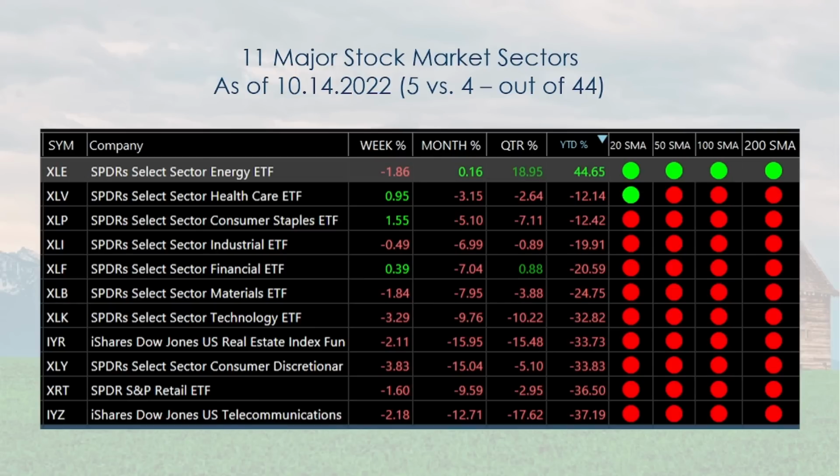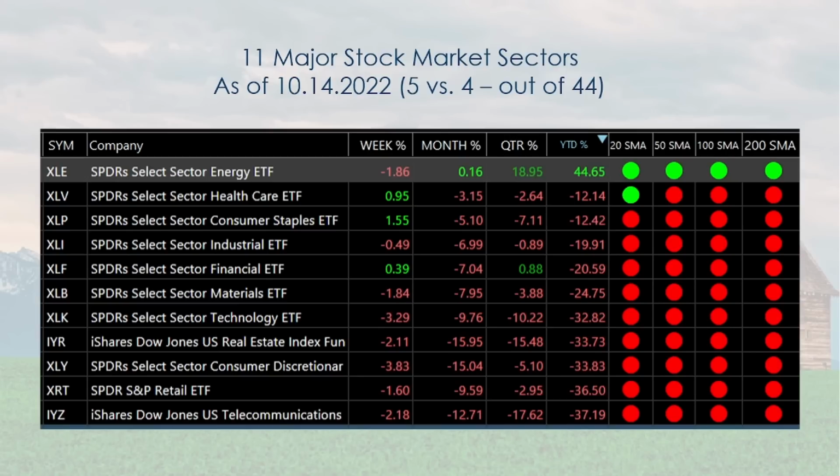When we take the S&P 500 and break it apart into its component parts, the sectors within the S&P 500, we get to see what's going on inside of that number. The S&P 500 is down 24%. That's an average of all of these indexes, on a weighted average basis.